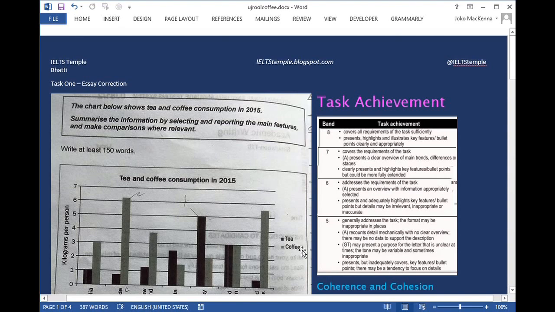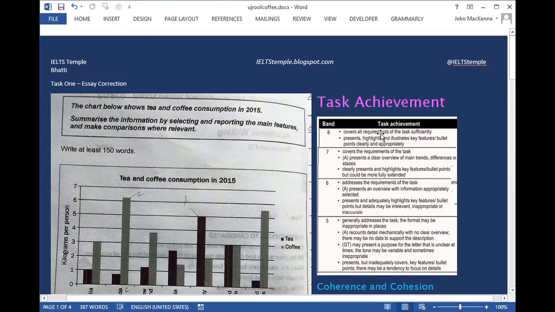What are the requirements of the task they're talking about? Well, it's very simple. In every task one, you have the same instructions. They're right here. This part, of course, what it shows is different, but you're always asked to do this: summarize the information by selecting and reporting the main features and make comparisons.